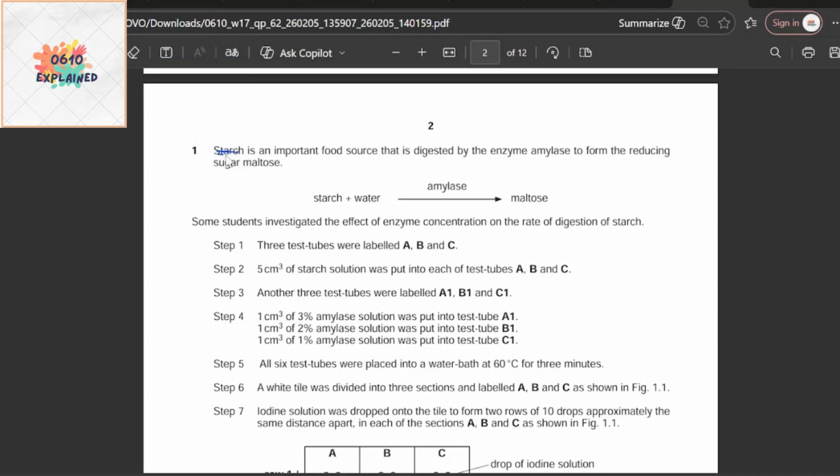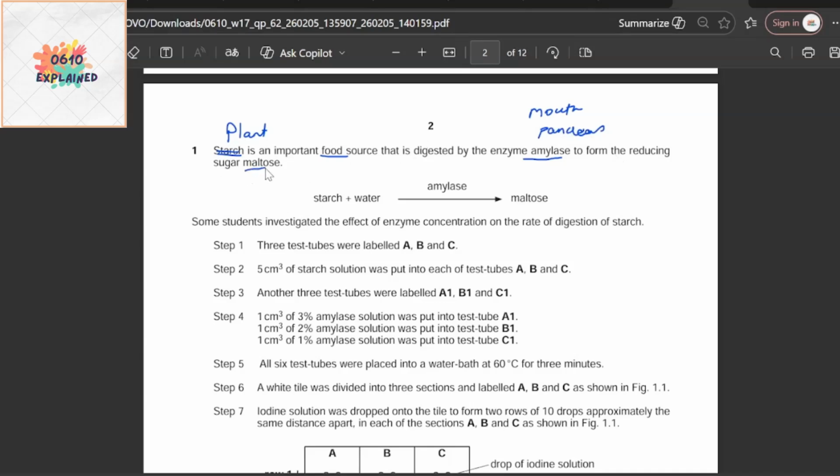So we know that starch is a plant product or a storage form of plant. So here, glucose is converted to starch, and it is an important food source that is digested by the enzyme amylase, which is present in the human body, in the mouth, as well as in the intestines. That is, it comes from the pancreas. Okay, so it is forming the reducing sugar maltose.